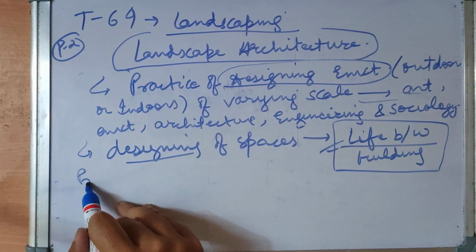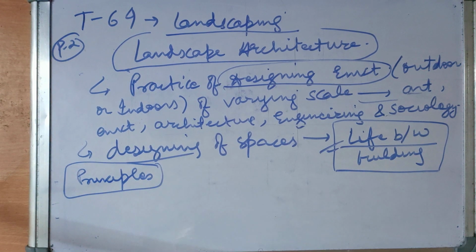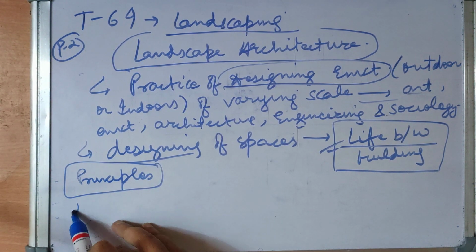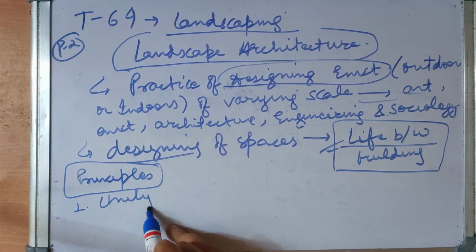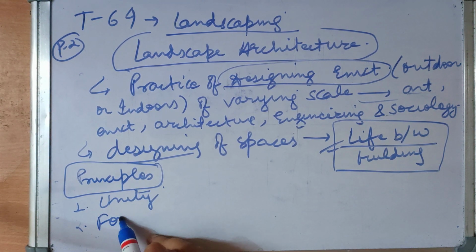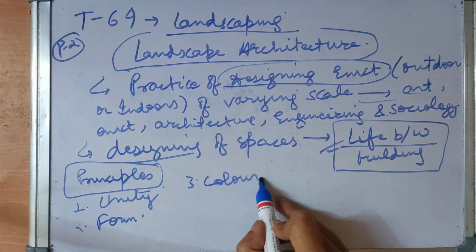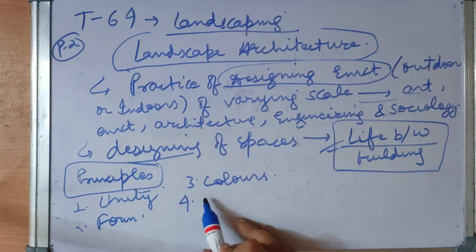And what are its principles? Here there are 8 principles. First one is unity. There should be uniformity of everything. Second one is form. Third one is colors. How to use colors?